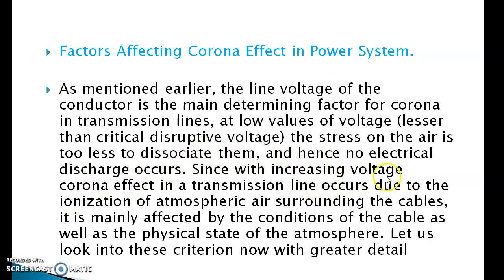With increasing voltage, corona effect in a transmission line occurs due to the ionization of atmospheric air surrounding the cables. It is mainly affected by the conditions of the cable as well as the physical state of the atmosphere. Let us look into these criteria now in greater detail.